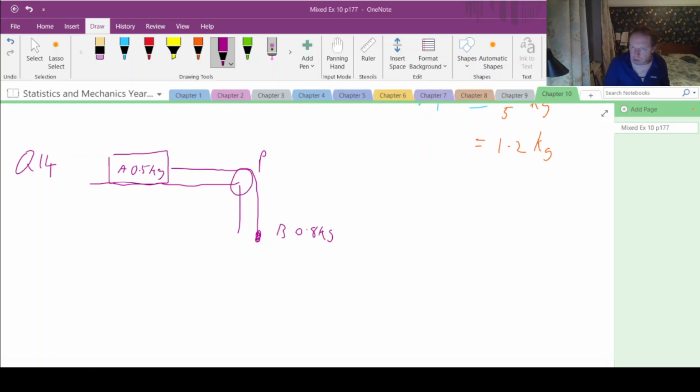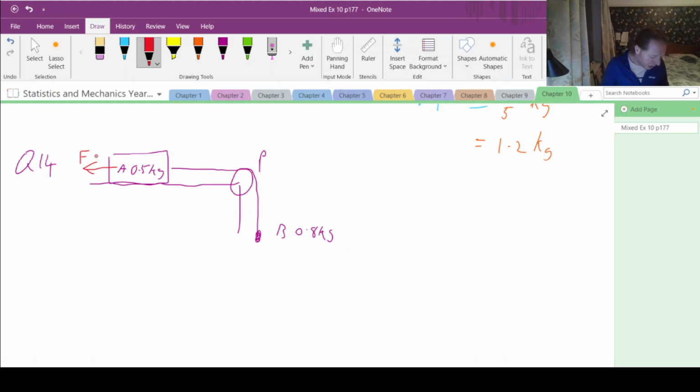The resistance of motion A from the rough table has a constant magnitude of F. So we've got a frictional force, but we've got F newtons going in this direction. The system is released from rest with the string taut.